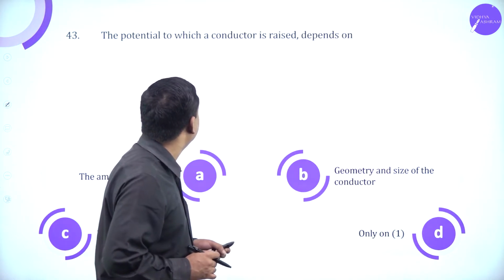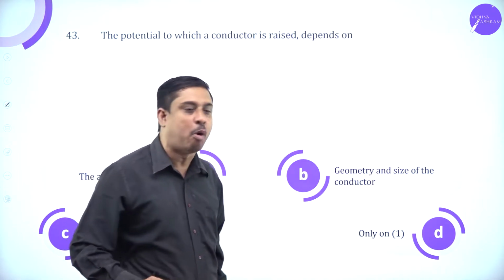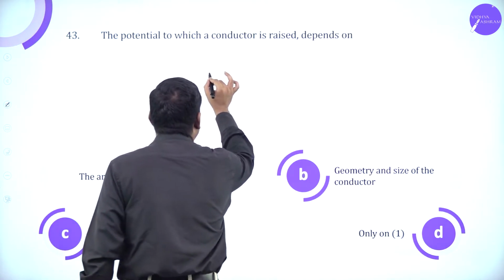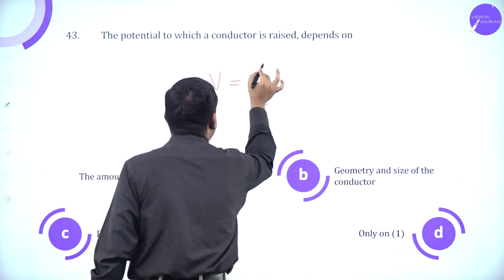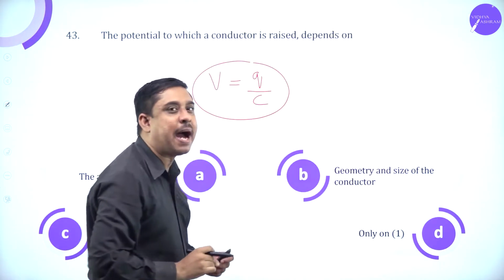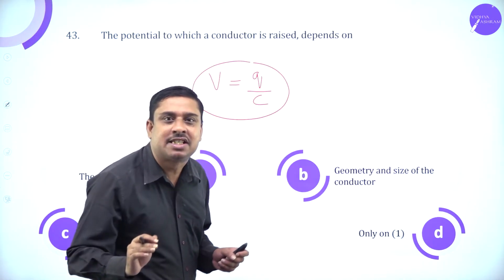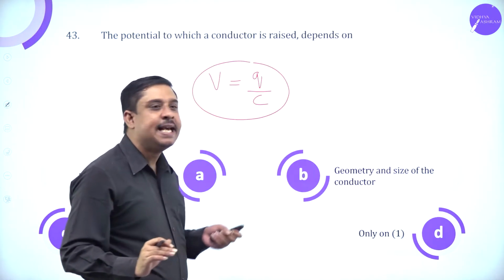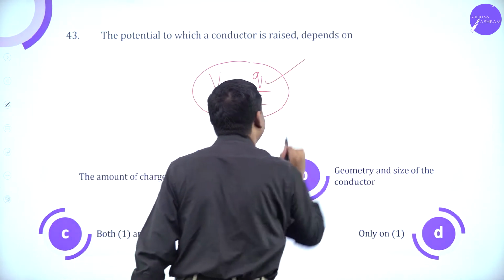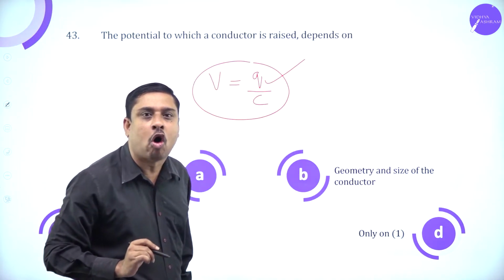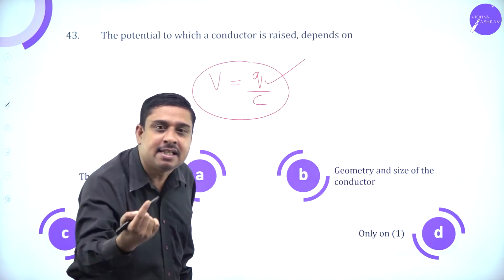The potential to which a conductor is raised depends upon. So, the expression for potential is V equals Q divided by C. Q, amount of charges stored. C, capacitance. So naturally, first it depends upon the amount of charges stored. But what does capacitance depend upon?